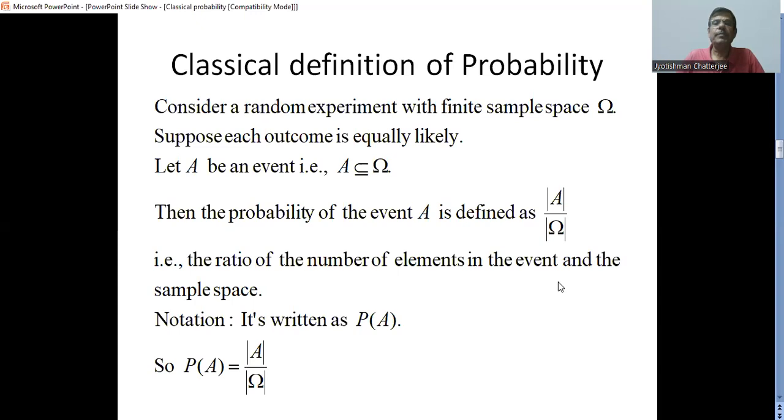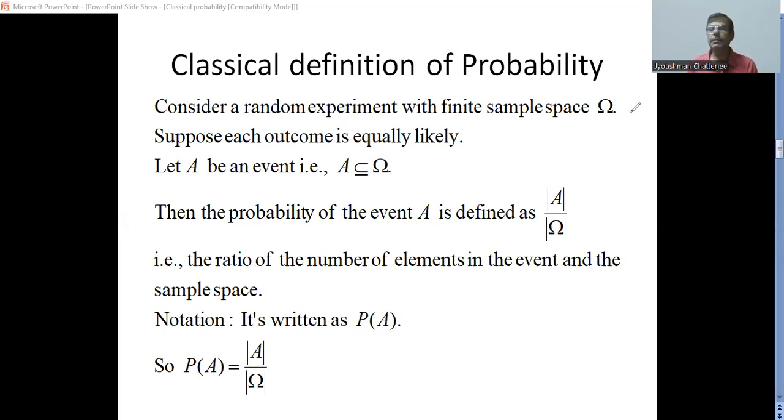Suppose each of the outcomes is equally likely. And by this time, we have got a fairly good idea of what is meant by equally likely. Let's consider any event A, that means a subset of the set omega. Okay, let me take the pen here, that will be useful to communicate.